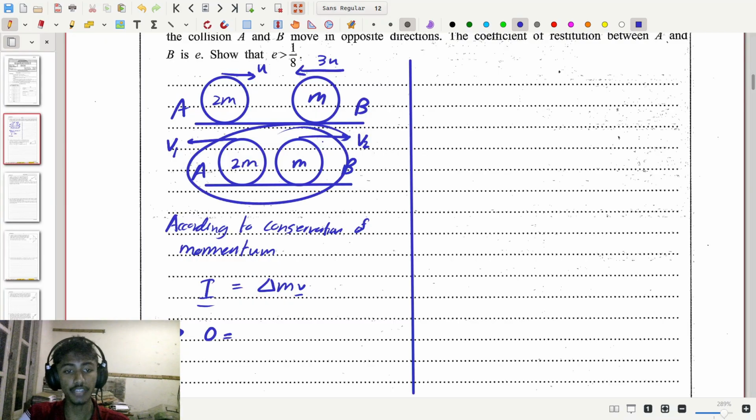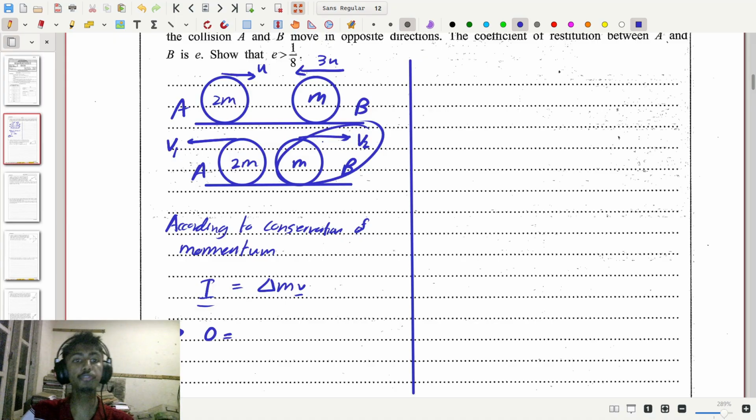But this 0 must be equal to the change of momentum from the first situation to the second situation. Now in this case, if I consider the rightward direction as being positive, then I would take mv2 as positive, but I would also take 2m times v1 as negative, since v1 is in the leftward direction, which is going to be negative. Therefore, the final momentum here is going to be mv2 minus 2m times v1.